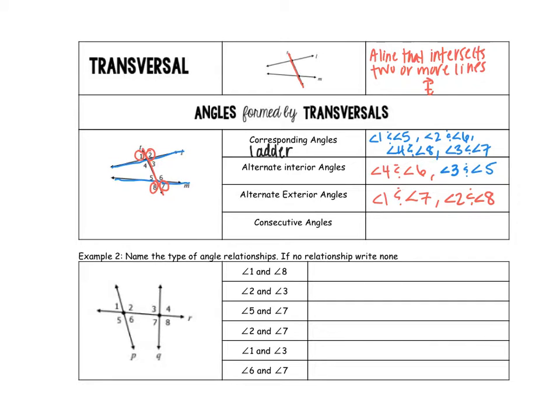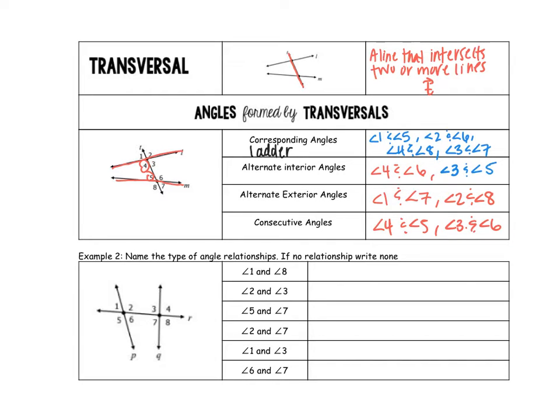Now, consecutive angles are also what it sounds like. They're right next to each other, so they come one after another. Consecutive angles are also interior. So here, consecutive would be like 4 and 5, but also angle 3 and angle 6.